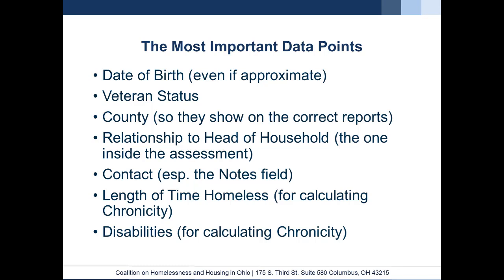And then the length of time homeless and the disabilities questions would also be very good to try to get, because we need to calculate whether they're considered chronic or not, because we're also trying to end chronic homelessness in the balance of state.